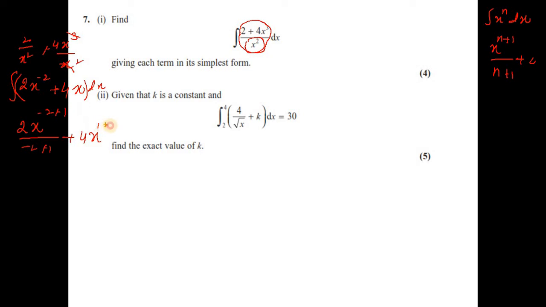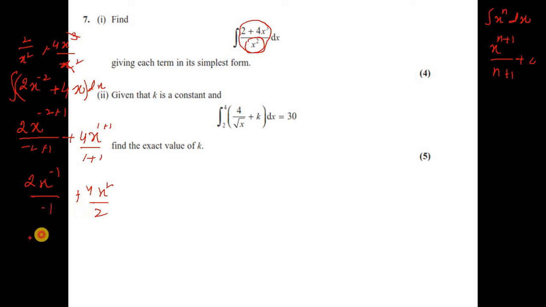So 1 plus 1 divided by 1 plus 1. This is an intermediate step. If you are okay, you can skip. So finally you have 2x to the power minus 1 divided by minus 1 plus 4x squared over 2, and then you can further simplify.